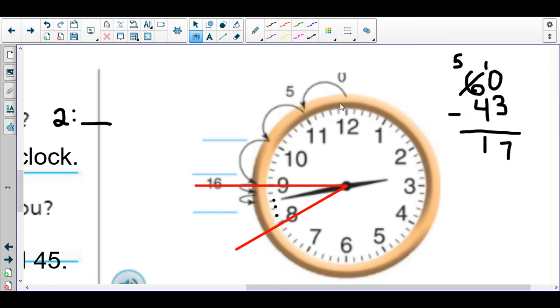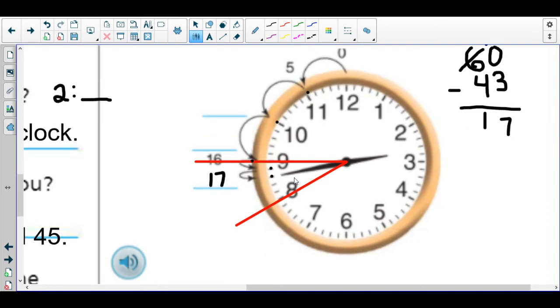So how do we show that here? Well, we're going to count backwards, okay? 5, 10, 15, and then 16, 17. All right.